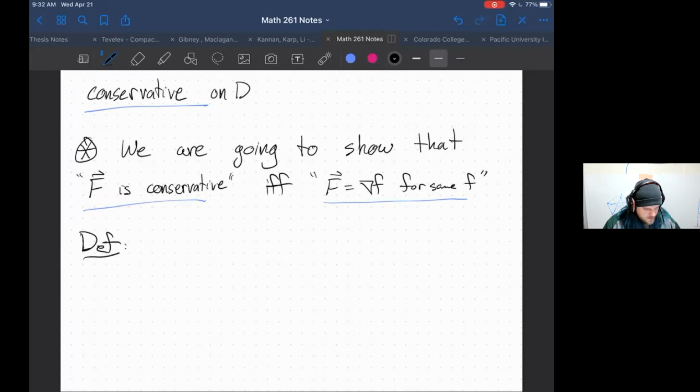Another definition, and this is getting to the second word in our title; we've already defined the third word, so this is the last one we need to define.